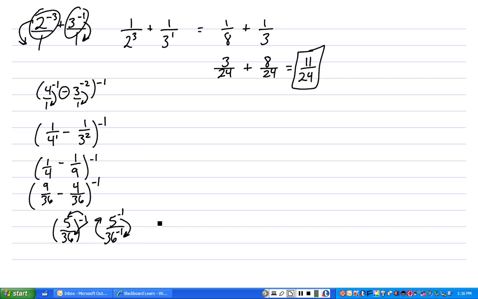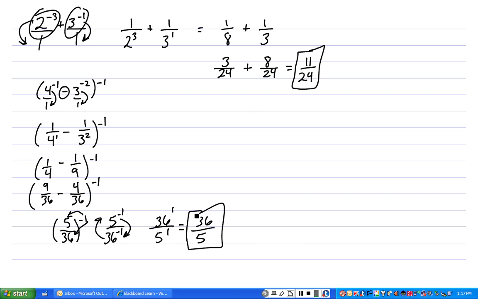So to make the 36 to the negative 1 positive, I write it up above. And to change the 5 to the negative 1 from negative to positive, I write it down below in the denominator. And anything to the first is just that thing, so 36 over 5, 36 fifths is your final answer.